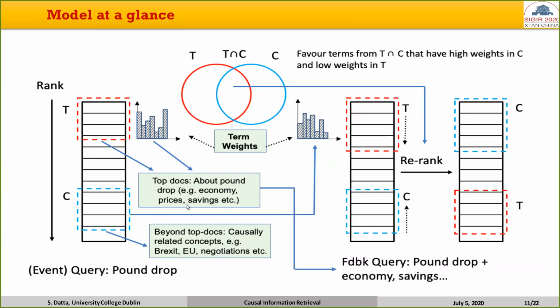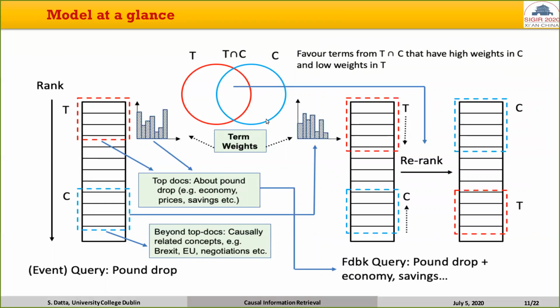But in this case, our intention is to find all the documents that are talking about either Brexit or European Union negotiation, etc. It is quite likely that a number of documents beyond the top ranks would indeed contain causal terms.